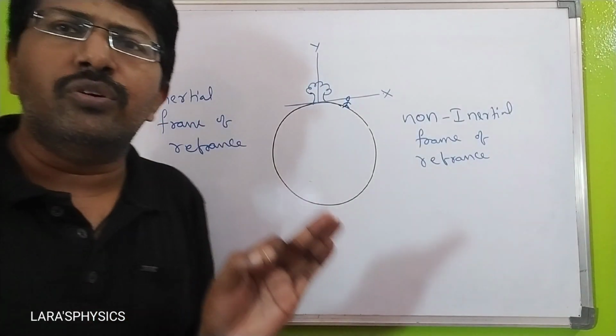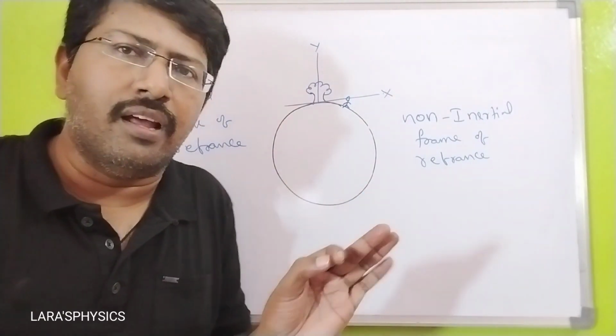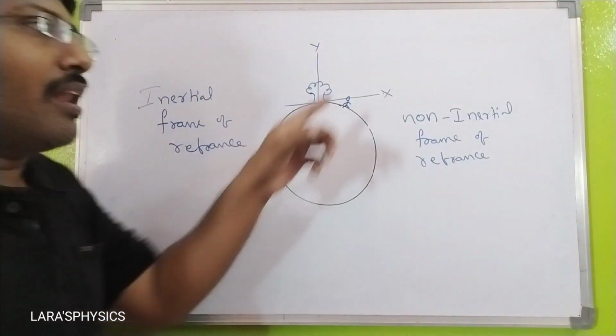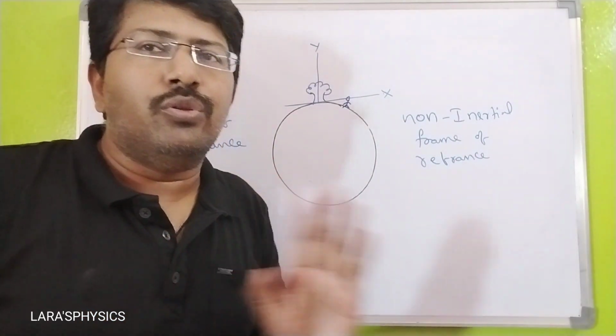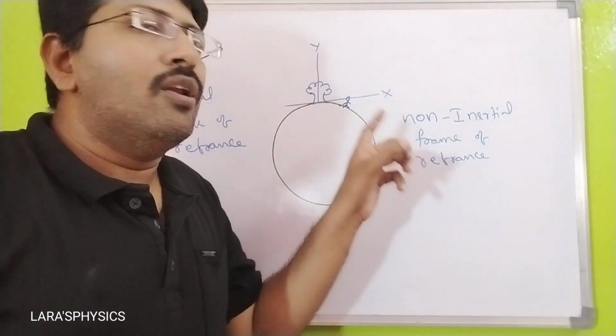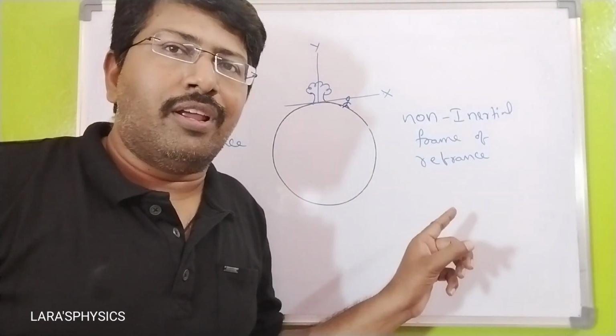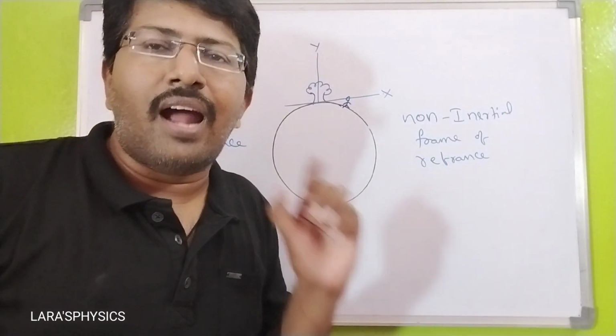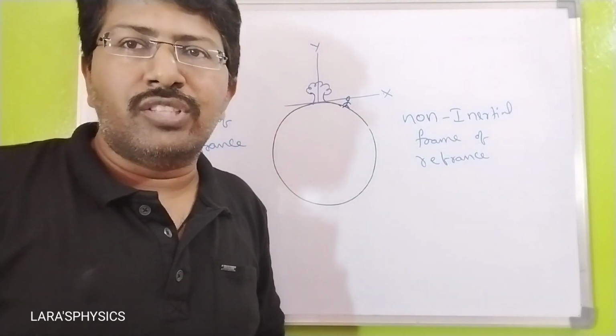You can use the first law, second law, third law in an inertial frame. But in a non-inertial frame, don't use them. Newton's laws are not applicable in non-inertial frames.